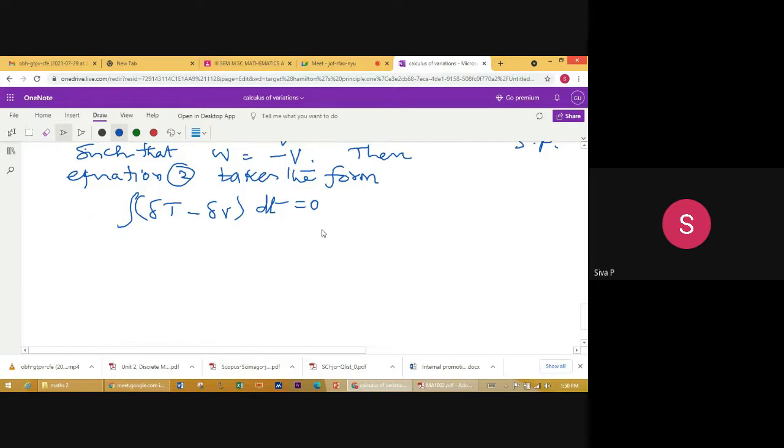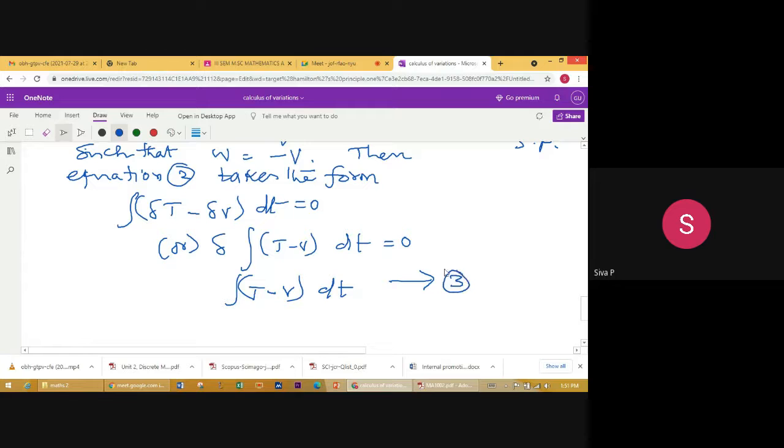Or taking the delta outside, delta of the integral of T minus V dt equal to 0. So the integral of T minus V dt is stationary.